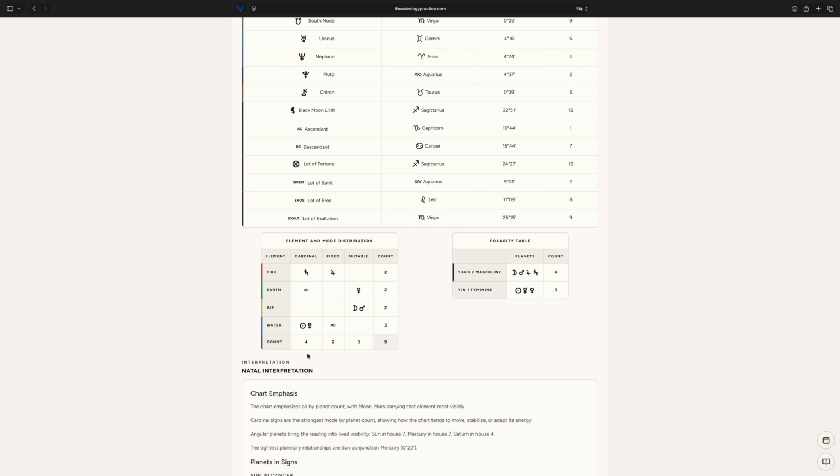If you change their direction drastically or too much, they can get very frustrated and uncomfortable. So they like to be able to be on projects from start to finish and do them well. Mutable signs, they're much more comfortable with change. Obviously, it depends which planet is mutable, so you know which area of your life you're comfortable being mutable in.